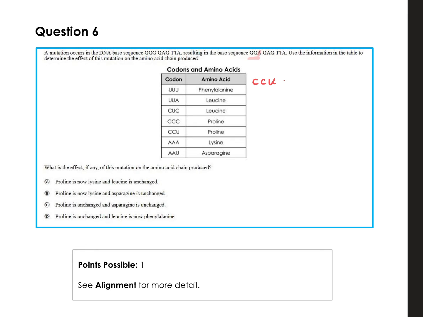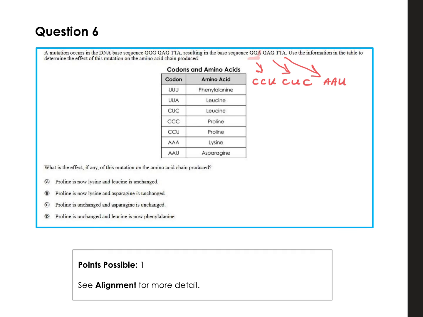The next three are going to be CUC, and the last one is going to be AAU. All right. Use this information. What did we do? We changed DNA to RNA. We transcribed it. Now we're trying to translate it.